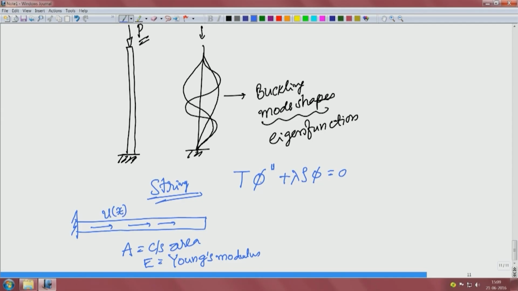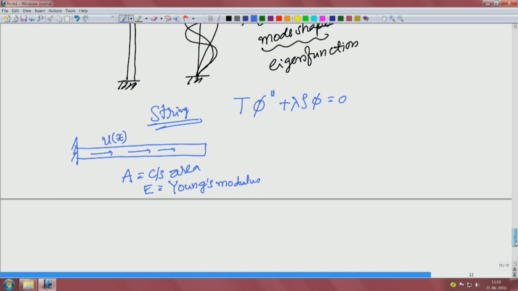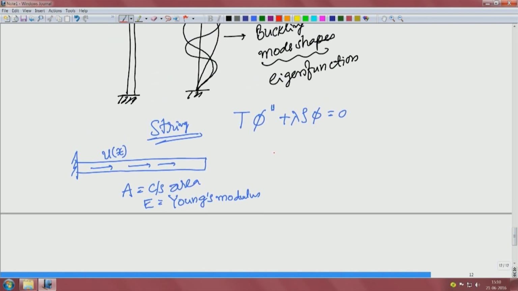That also leads to this same form. Okay. The eigenvalue problem that we write there will be E A U double prime plus lambda rho U equal to 0, where rho is the mass density, mass per unit length. Okay. E is Young's modulus, A is area of cross section.